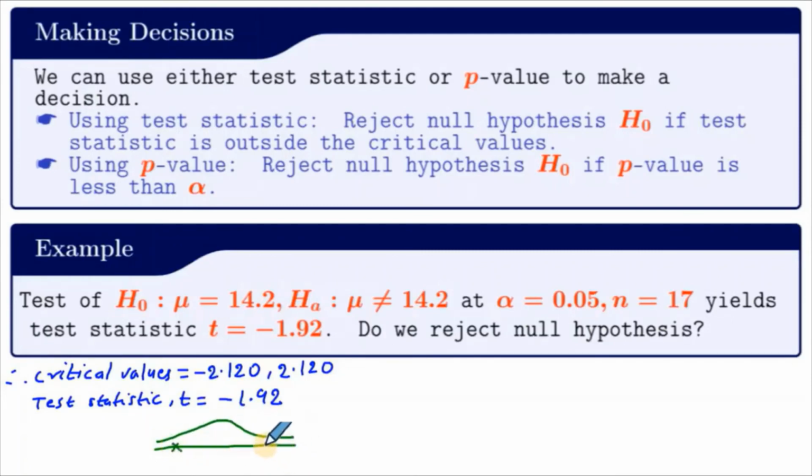So let's say our critical values is this. So this point here is negative 2.120 and this point is 2.120. That means our test statistic, which is negative 1.92, is here. So this point here, let me mark it with different colors. So this is negative 1.92. So from this diagram here, we can clearly see that test statistic is inside the critical values. Therefore, we do not reject our null hypothesis.